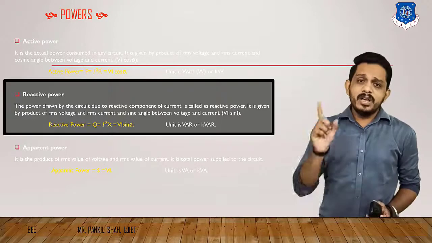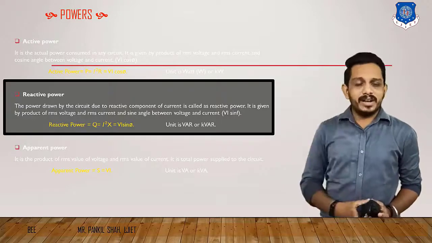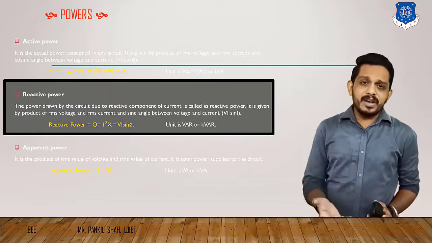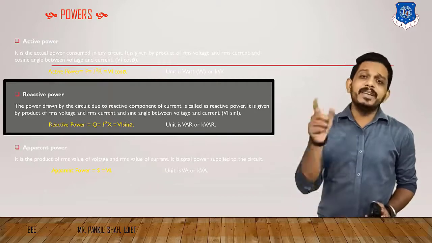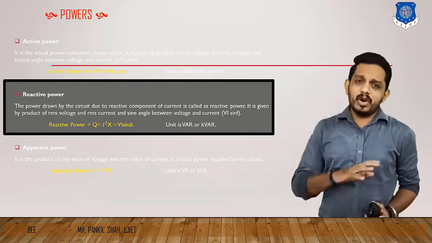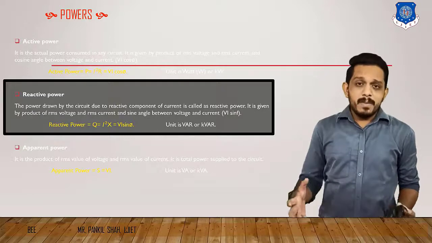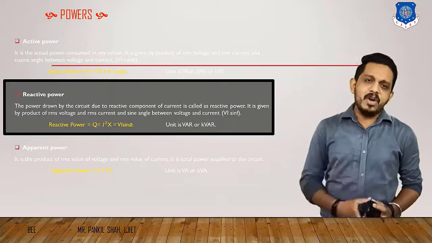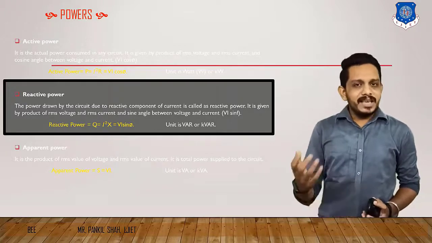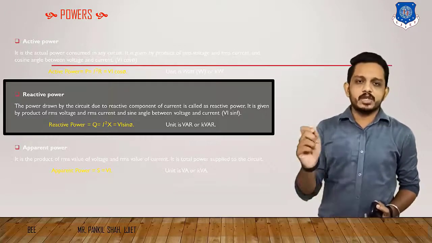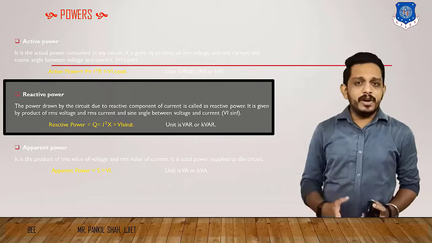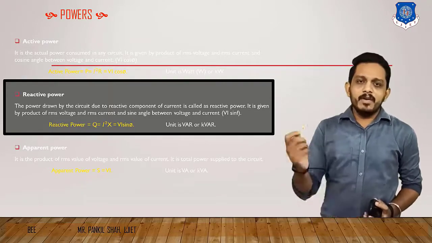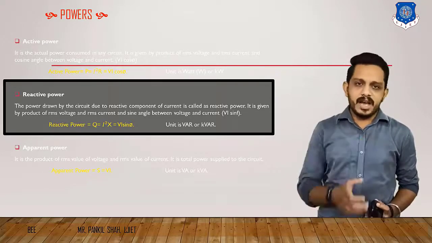If we are talking about a pure capacitor and pure inductor, then the total power consumed by that circuit will be the reactive power. No active or real power will be consumed. But in case of RL and RC circuits, there will be reactive power also. This reactive power is given by the equation Q equals VI sin phi, and its unit is VAR or kVAR.